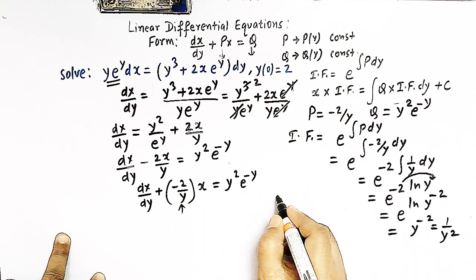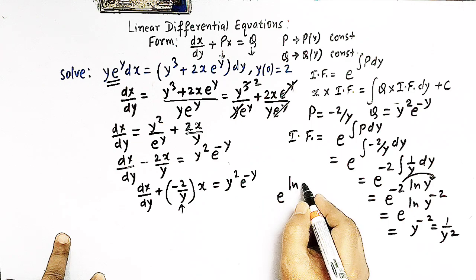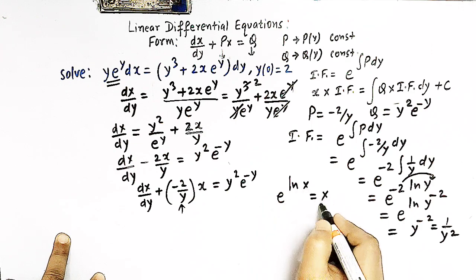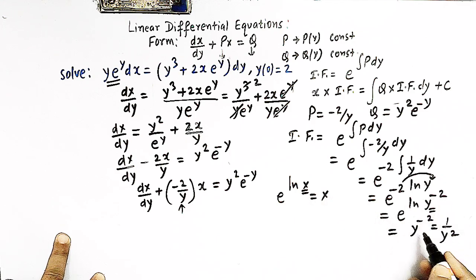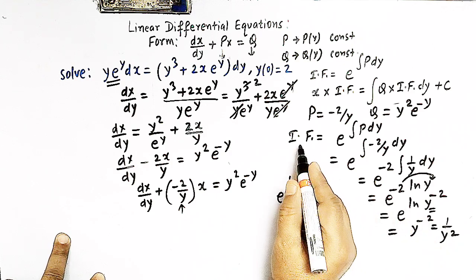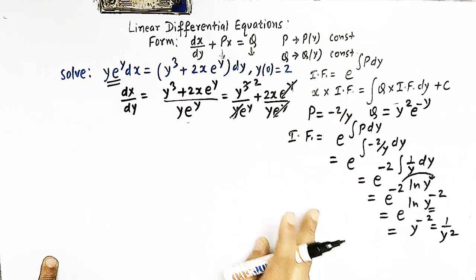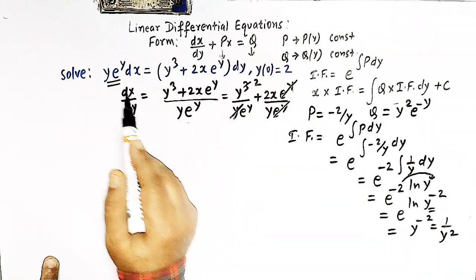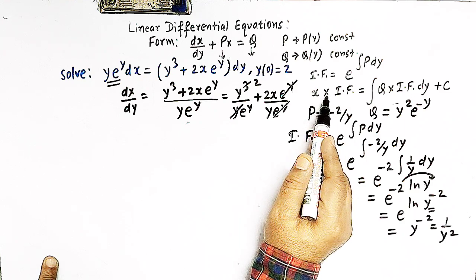So here again we have used this result: e raised to natural log of say x is equal to x. So here for x we have e raised that is y raised to minus 2, and we have the integrating factor as 1 over y square. So now the general solution of this differential equation can be written with the help of this equation.